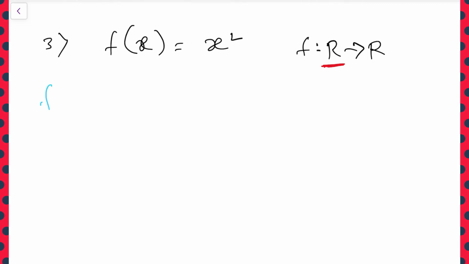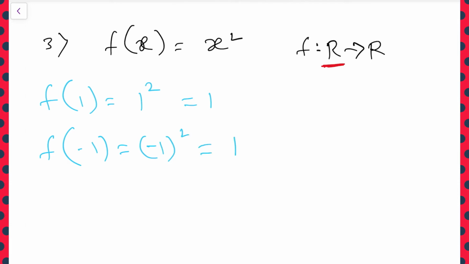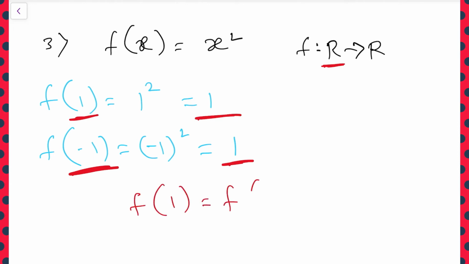I am substituting first f(1). That is 1 square, nothing but 1. Again I am taking f(-1): minus 1 whole square, nothing but plus 1 again. When I substituted plus 1, I got the answer 1 only. When I substituted minus 1, then also I got 1 only. So I can conclude f(1) equals f(-1) equals 1.